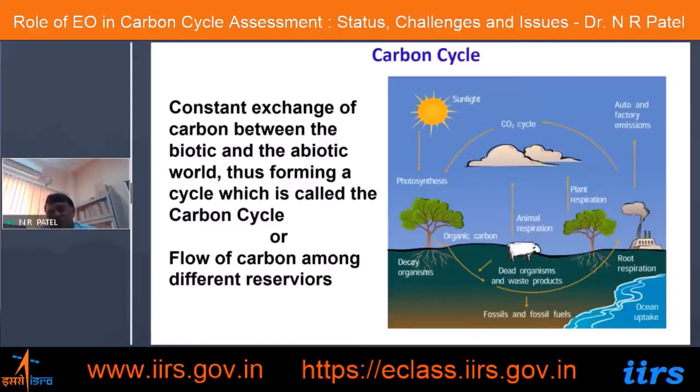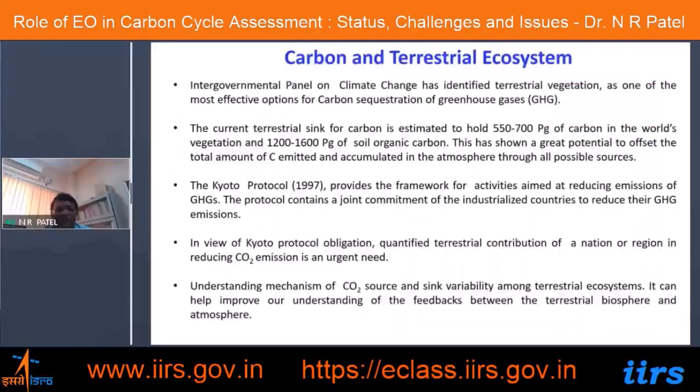So the ocean is the major sink of carbon. The highest amount of carbon is stored in the ocean, followed by soil, then atmosphere, then vegetation. That we'll see in the next slide maybe.